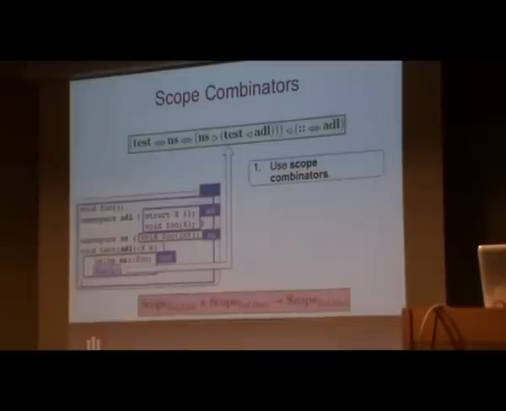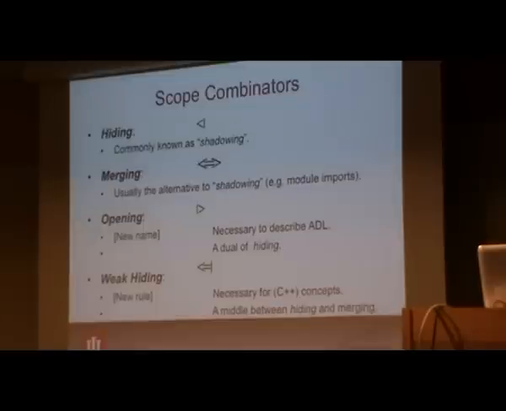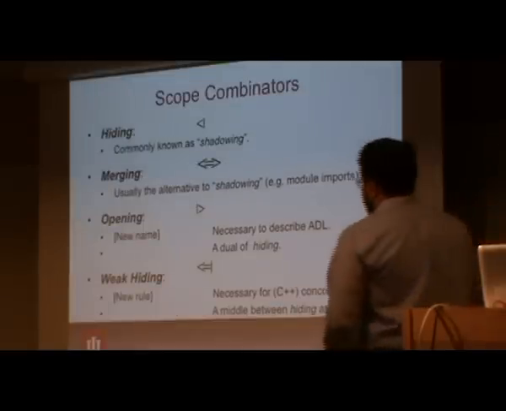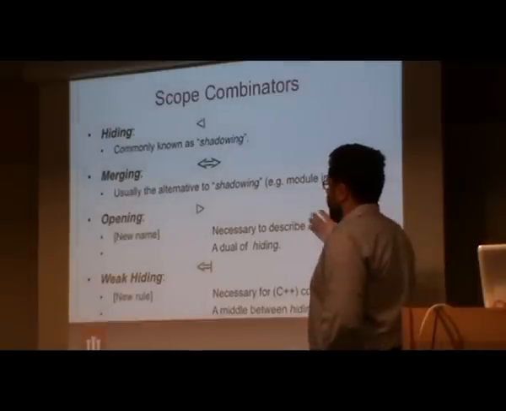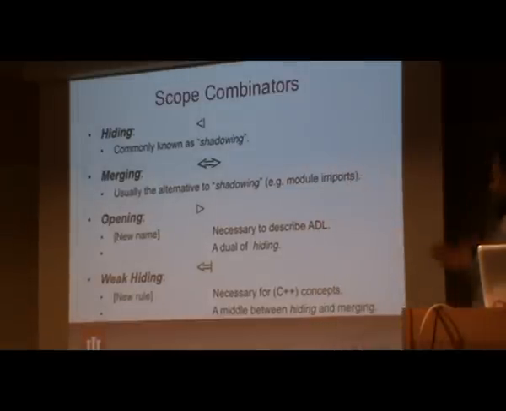And now we'll talk about how we actually create these scopes from smaller scopes. We have four combinators. We have hiding, which is basically shadowing, or whatever other name you want to use for it, where names hide other names. Merging is for merging different scopes together. Opening is a little bit of a strange one.